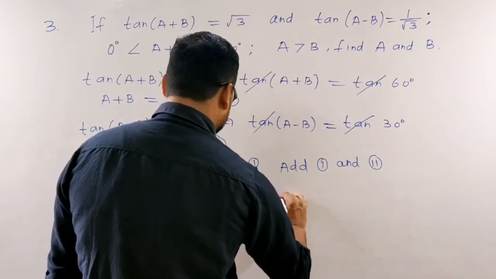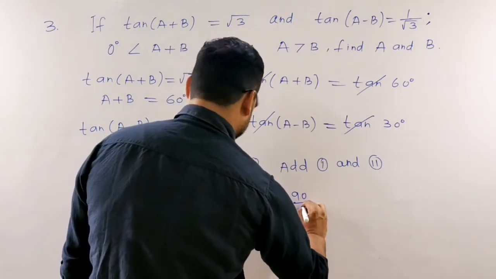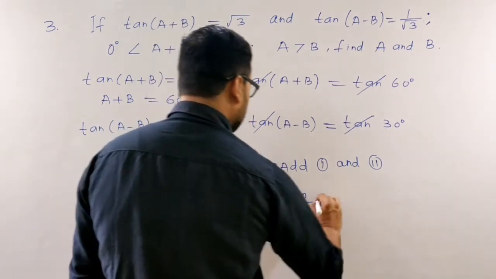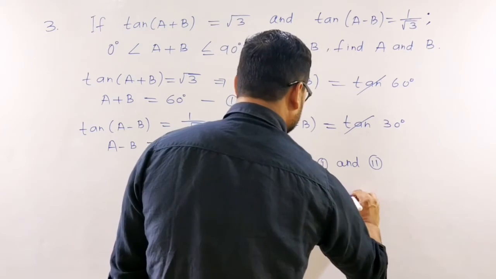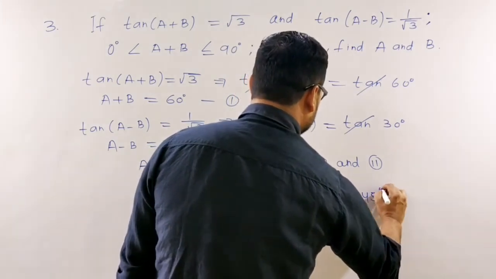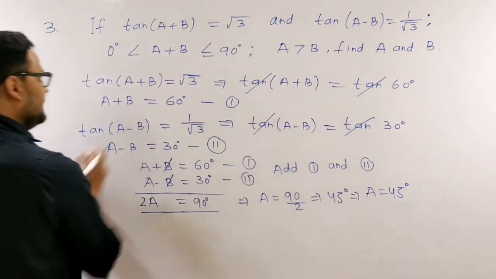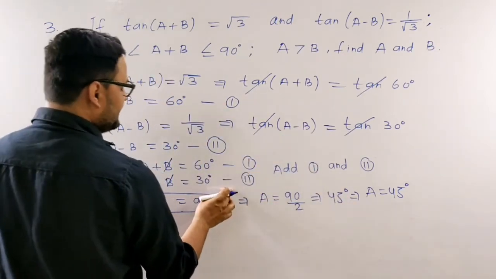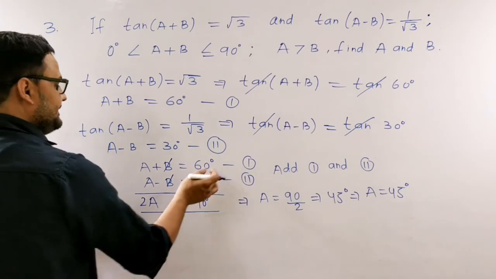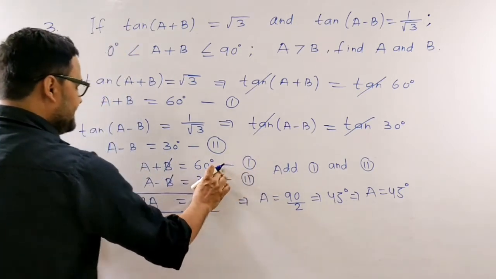Then A will be 90 by 2. So I got A equal 45. Now this value of A you can put in equation 1 or 2, you get the same answer. So I am going to put it in equation 1.